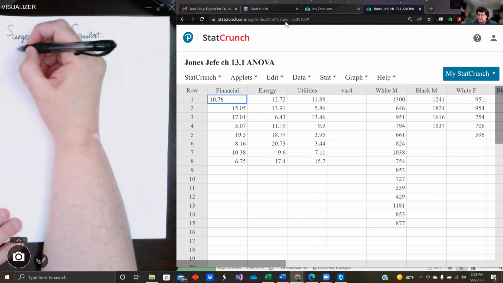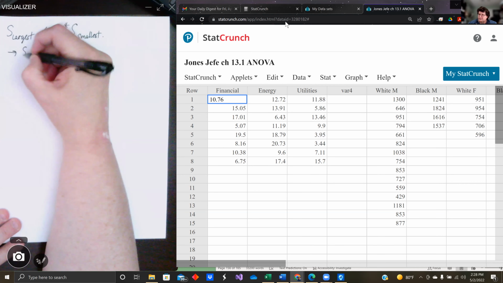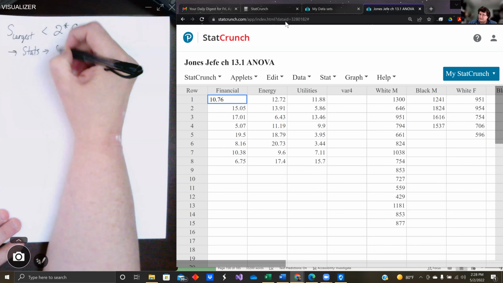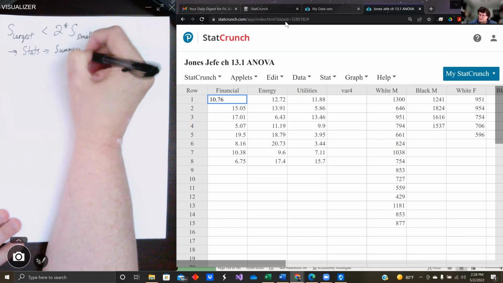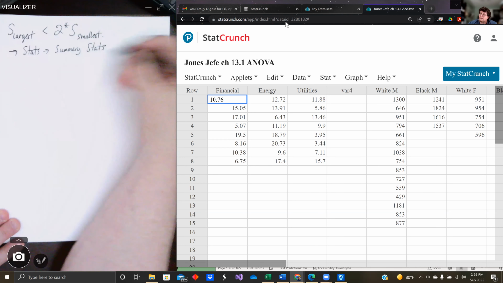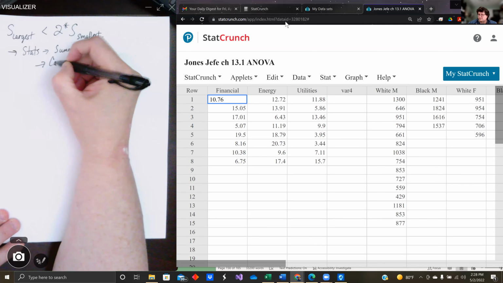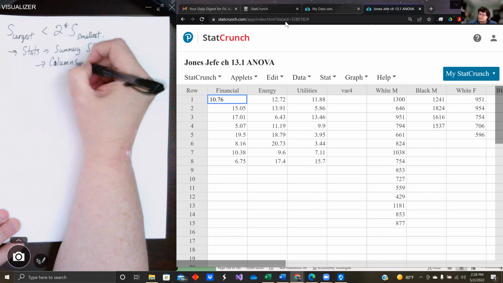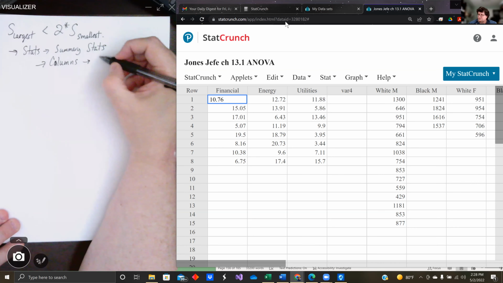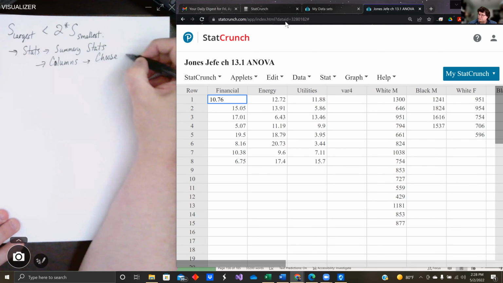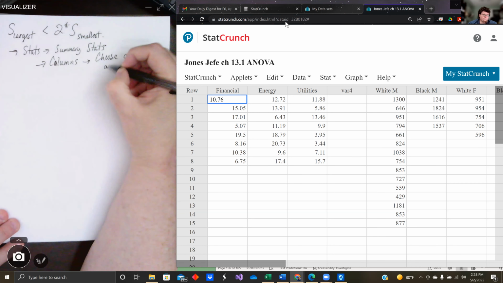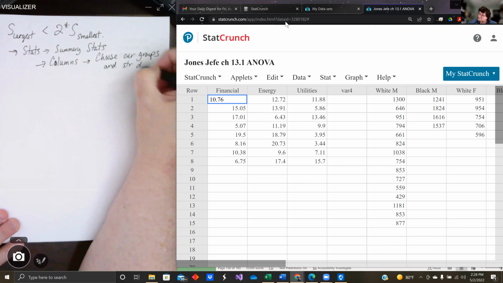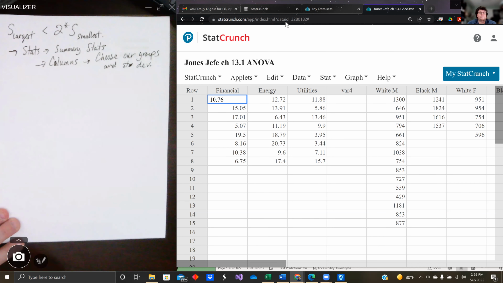And the way we check this in StatCrunch, recall, we can do Stats, Summary Stats, Columns, and then choose our groups and standard deviation.